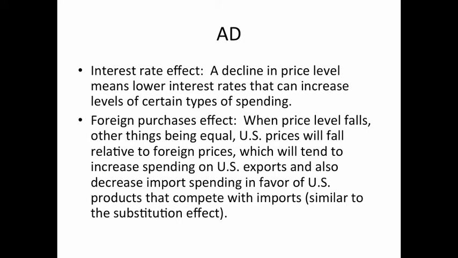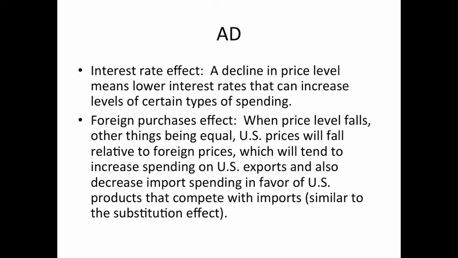So the second potential effect is called the interest rate effect. I'm going to talk more about interest rates in the next chapter, where we think about government policy, we think about the Federal Reserve. But essentially, if the price level in the economy goes down, then we may see a decrease in interest rates. And again, I haven't really got to the point where I can fully explain that right now, but we will get there.